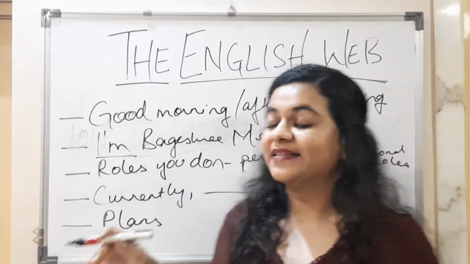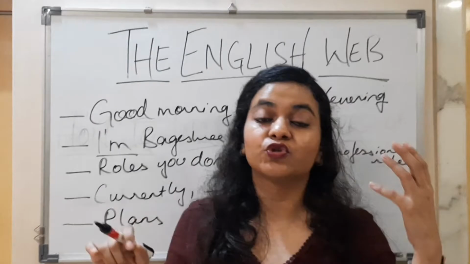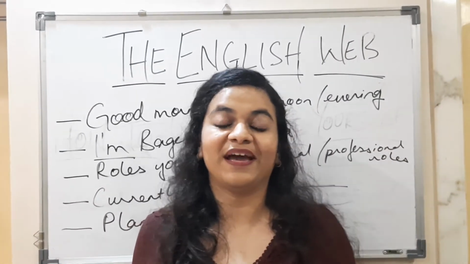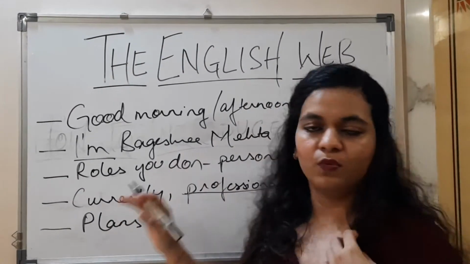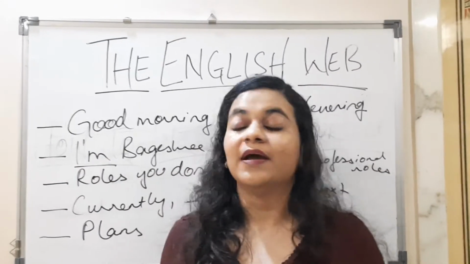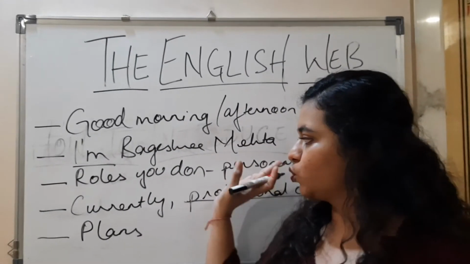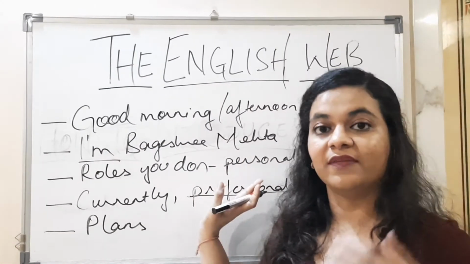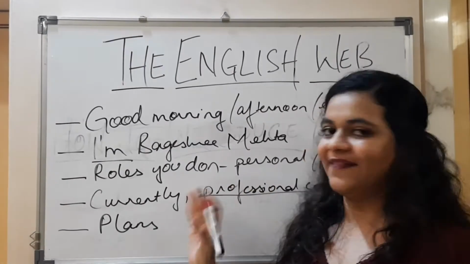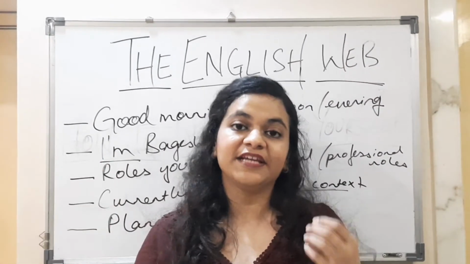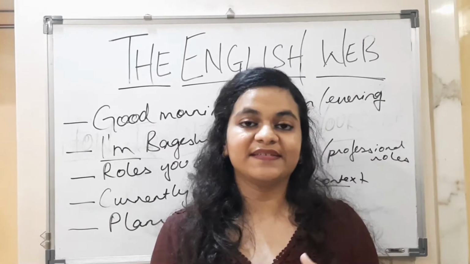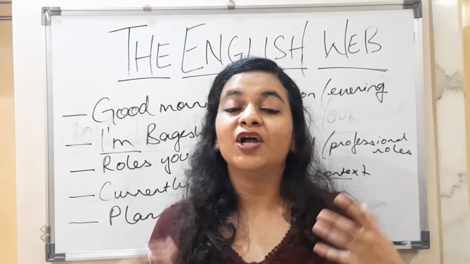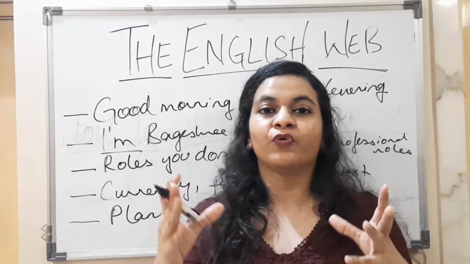So, like I said, this is your opportunity to talk about the many roles you play in your life. So now, once you've shared what you do, the roles you don, move on to your professional role, the current professional role, and then just give them an idea about what you do. Like I said, if you are an advertising director, talk about what you handle.